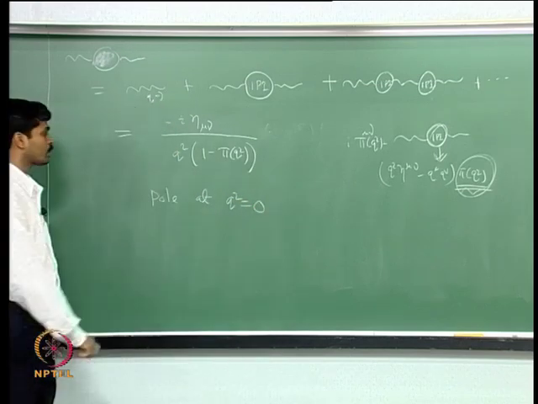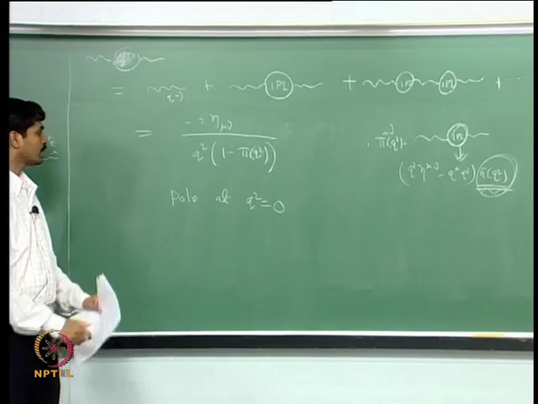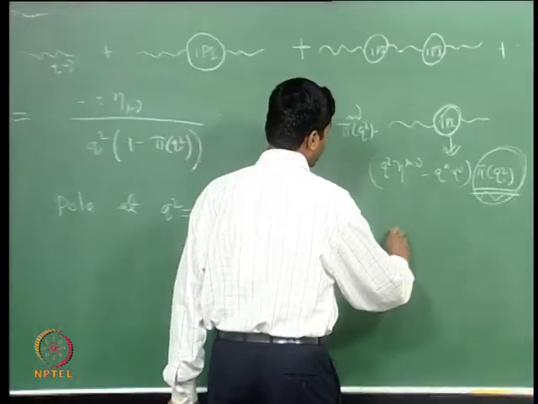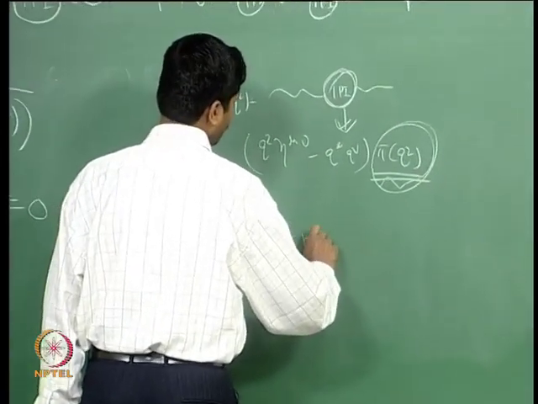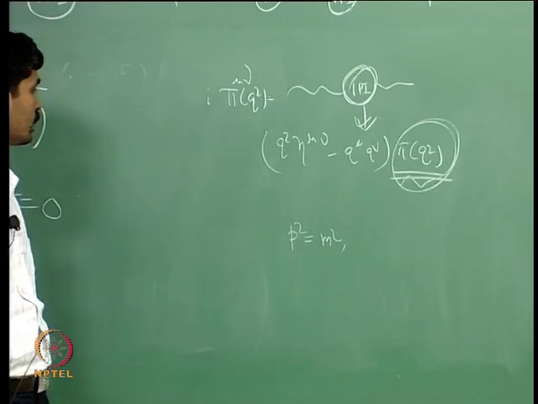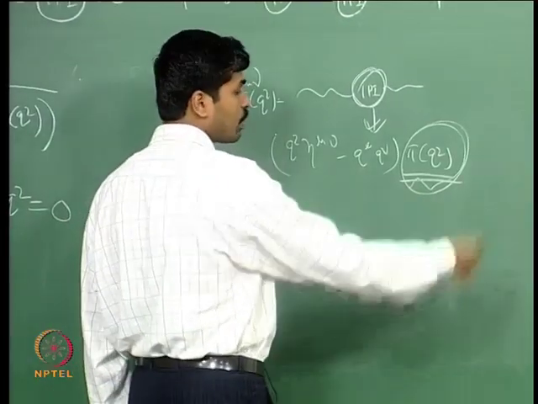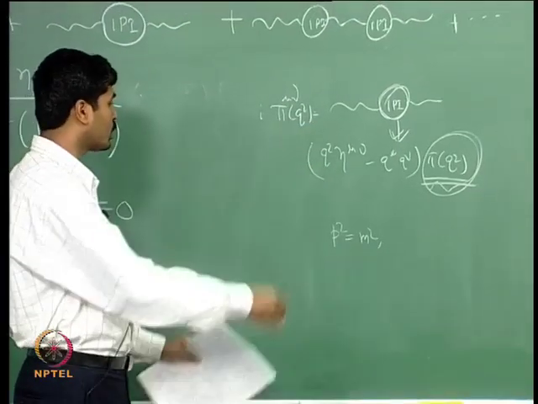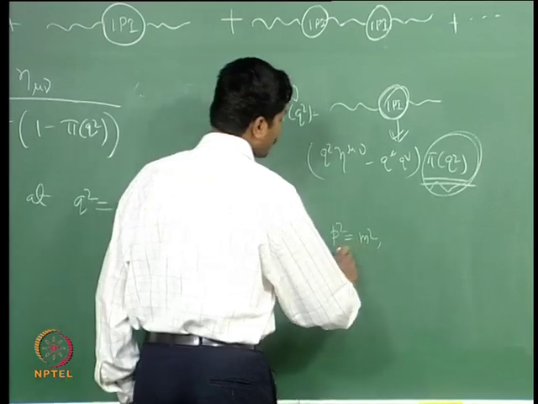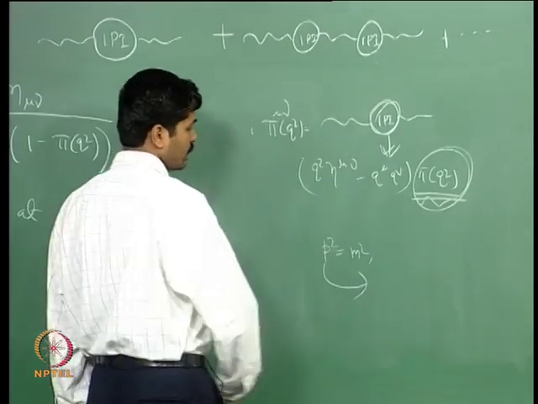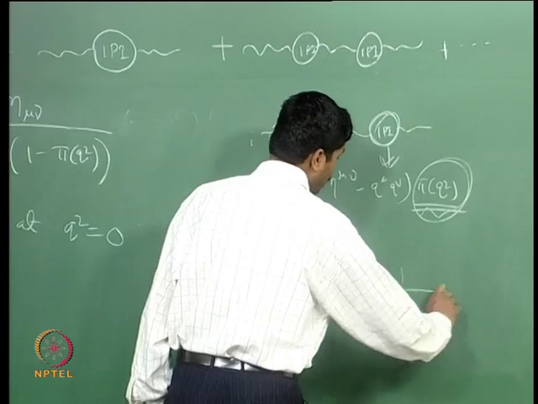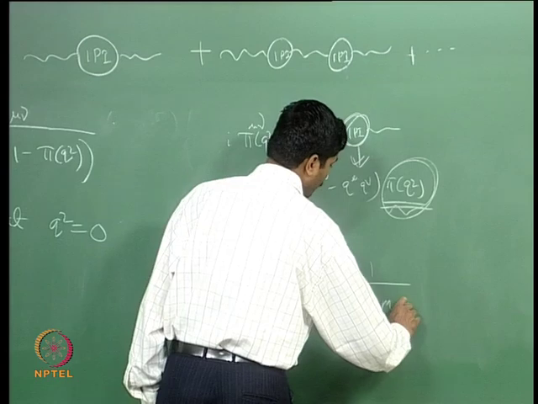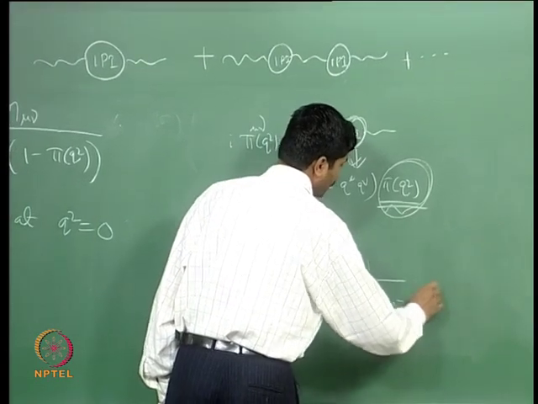Remember, in contrast, when we evaluated the electron self energy diagram, we did not have only a simple pole. We had a simple pole at p square equal to m square, but in addition we had a double pole, triple pole and so on at p square equal to m square, and when we summed up all contributions, at the end of the day we got a simple pole which is given by p slash minus m 0 minus sigma of p slash or something like that.